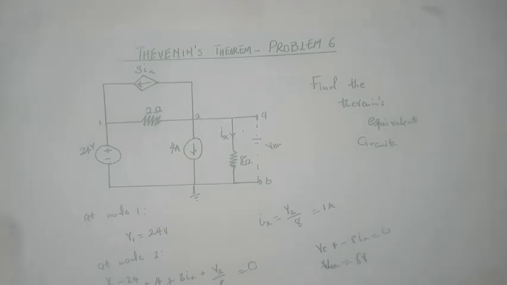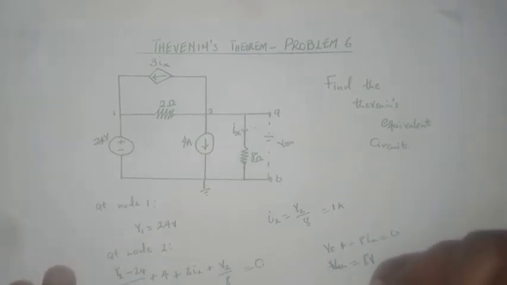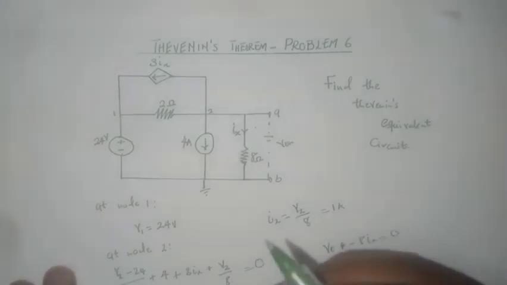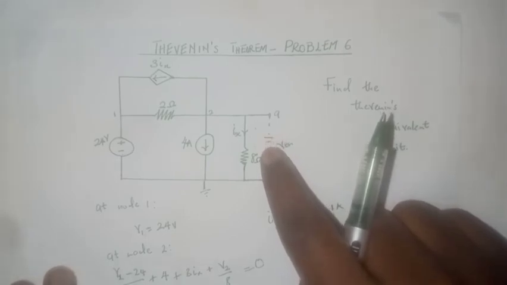Now the next thing we want to find is the Thevenin resistance, RTH, and finding the Thevenin resistance is kind of tricky when you have a dependent power source in your circuit. So what you're going to do is connect a 1 volt power source across the circuit.